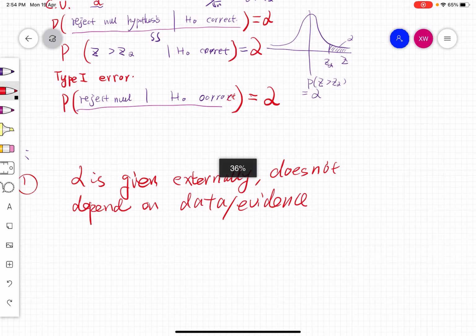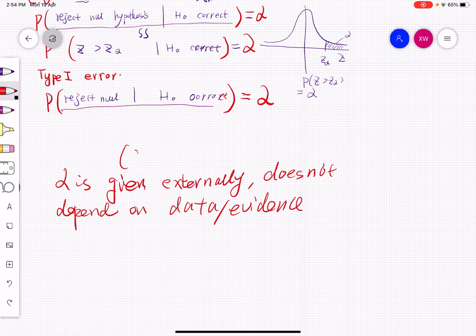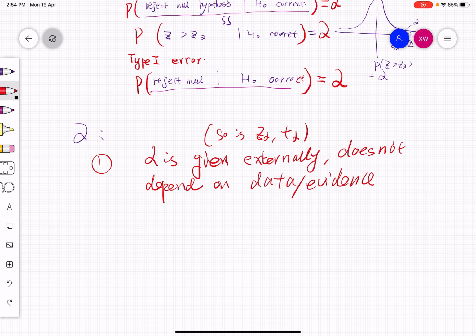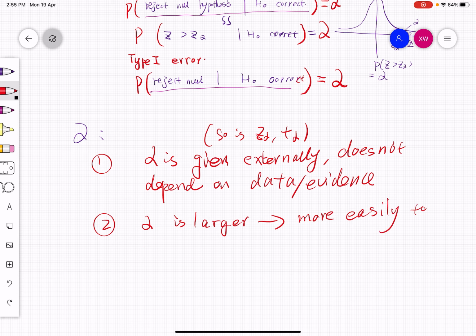So are z alpha and t alpha. Second, when alpha is larger, it implies that it's easier to reject.